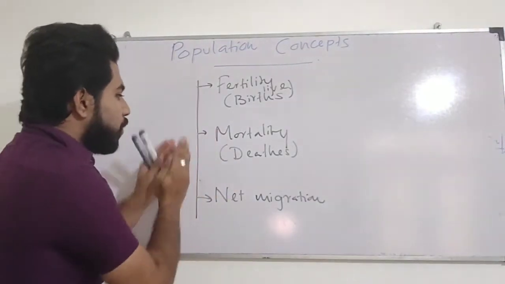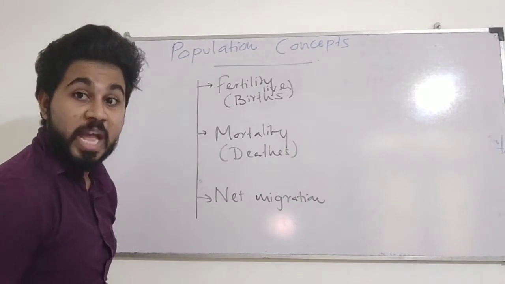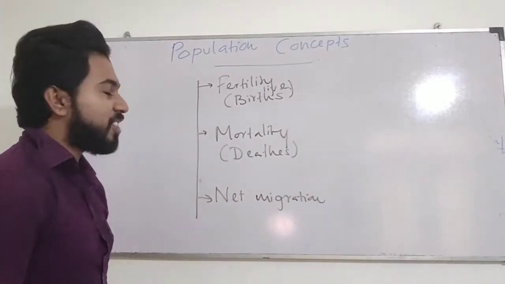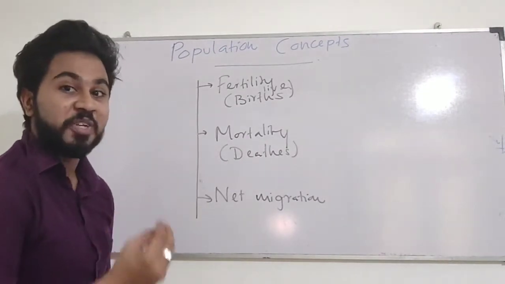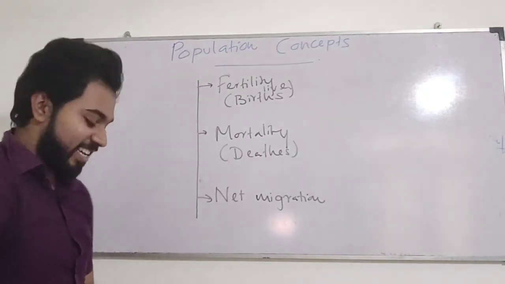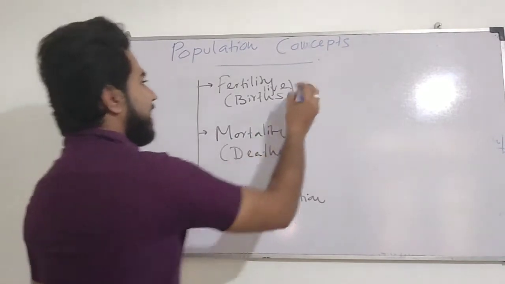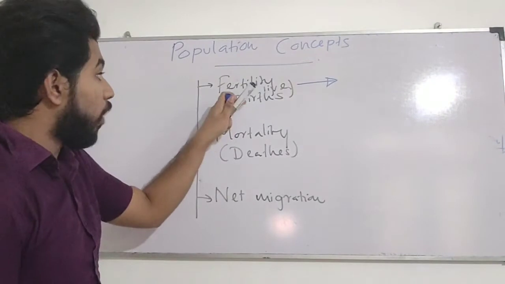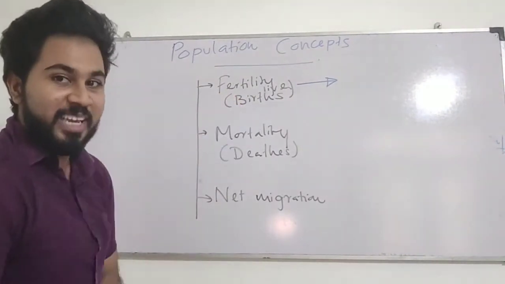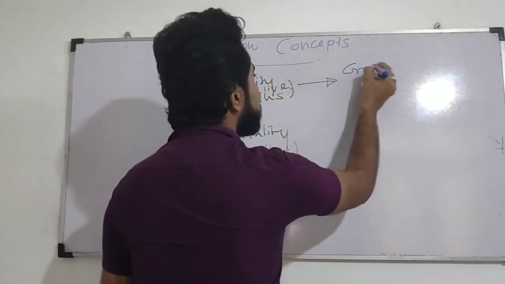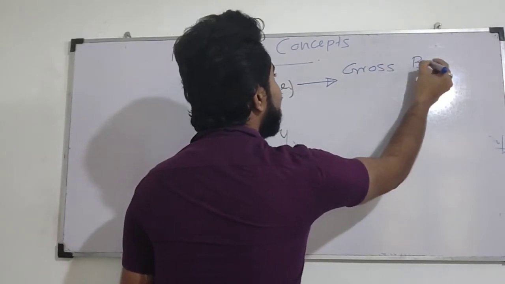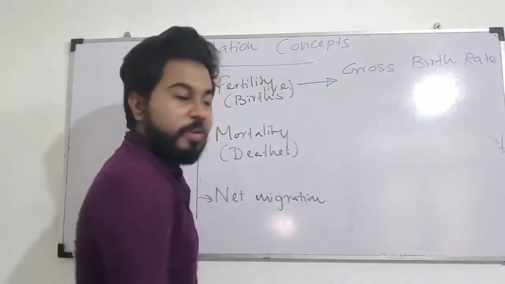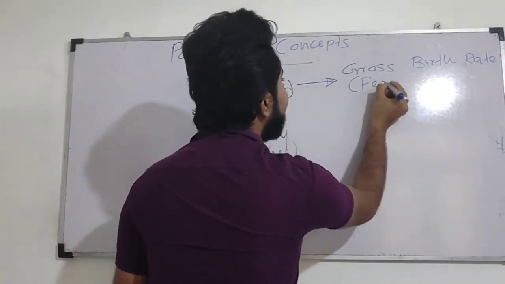Now, with regard to these 3 main factors, we are going to discuss 5 main population related concepts or population related rates. Number 1 is fertility. With regard to fertility or live births, we will discuss gross birth rate, or we call it the fertility rate.